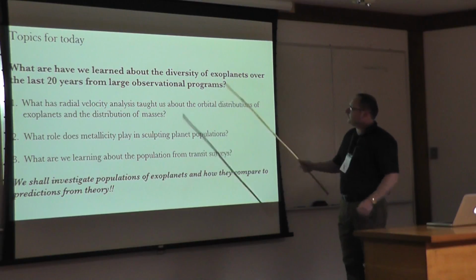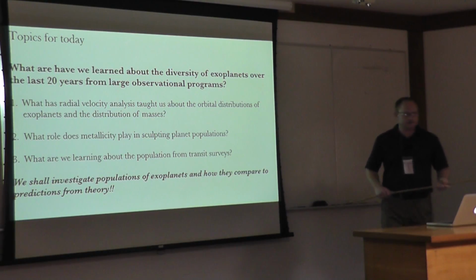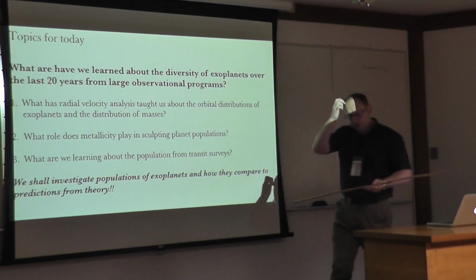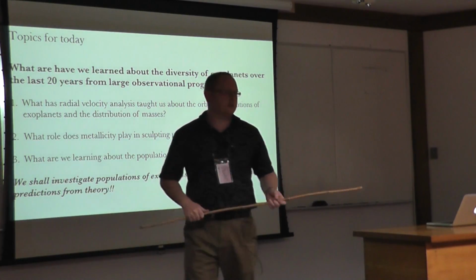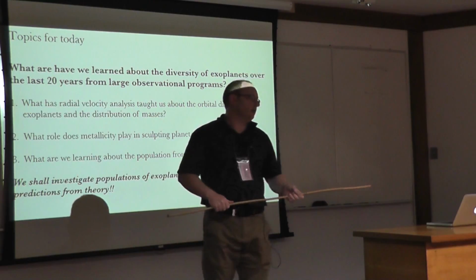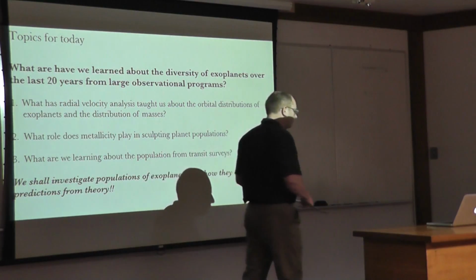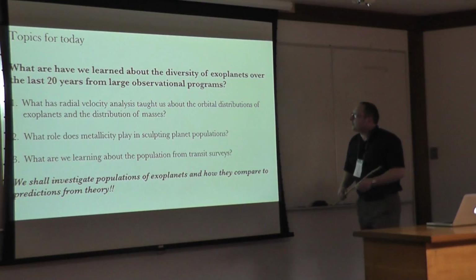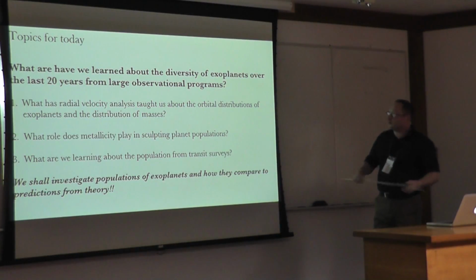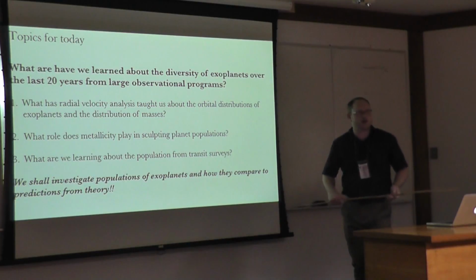So the topics for today: I said that this field has really exploded since 1995, since the discovery of 51 Pegasi b. It's grown almost exponentially, and it doesn't seem to be stopping. So the question is, what have we learned in those 20 years?